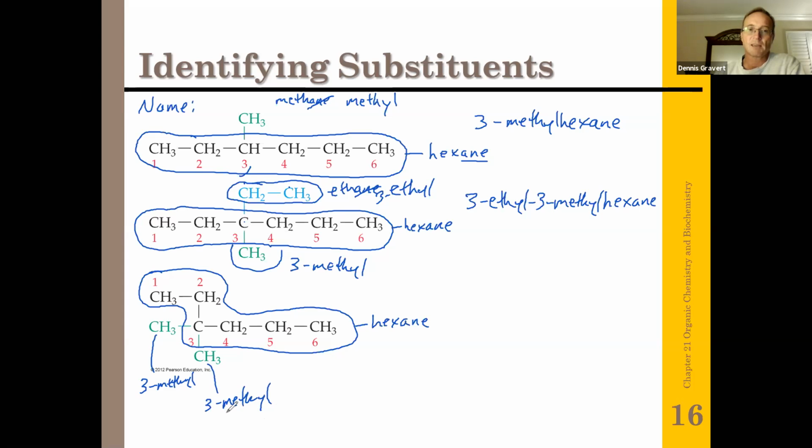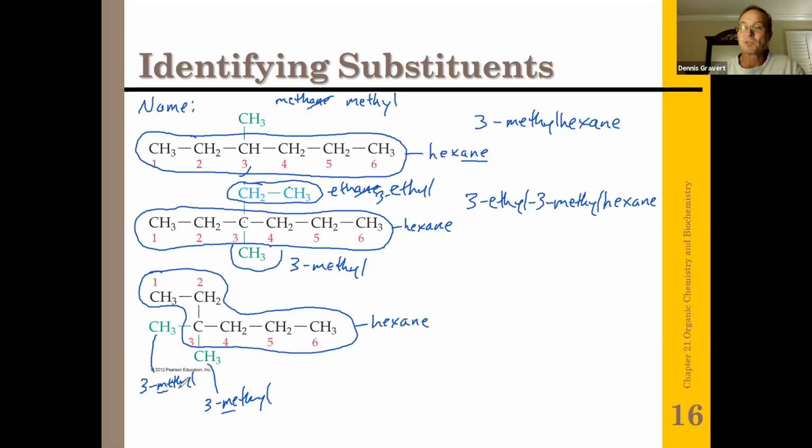Okay, we have the same group showing up twice. It's not so important that it showed up on the same number. It didn't have to. It could have been a branch of methyl off of 4 and 3. But there are 2 branches that are both methyl. So in the name, you're not going to say 3-methyl hexane. That sounds ambiguous and then redundant and too long.